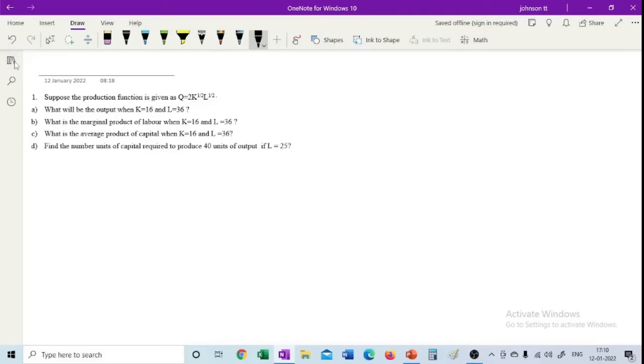So Q equals 2 into the value of K is 16 raised to 1 by 2 and L 36 raised to 1 by 2. So that is equal to 2 into root of 16, that is 4, into 6, which is equal to 48.